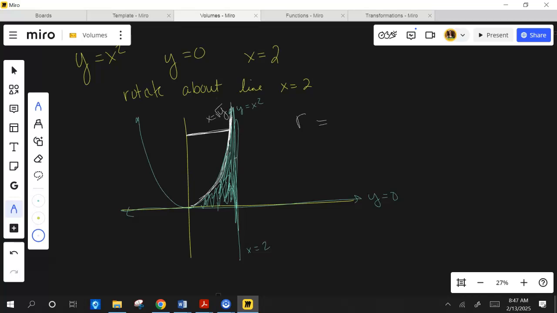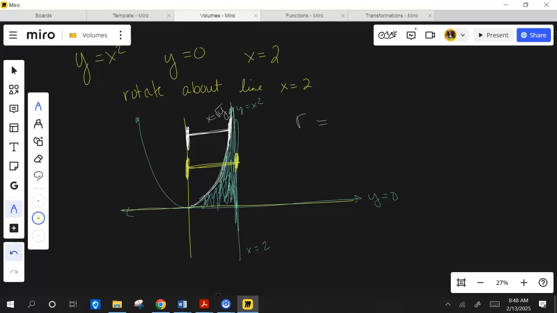This one's a solid. But in order to find the radius of the solid, I have to kind of think of holes, because whenever I measure, I'm always measuring from the axis itself. So from here to here I can measure, and then I can also measure from here all the way over to here. I'm doing right minus left.